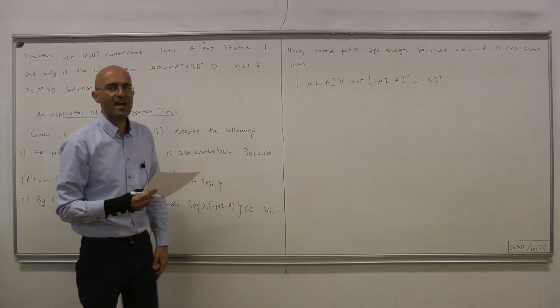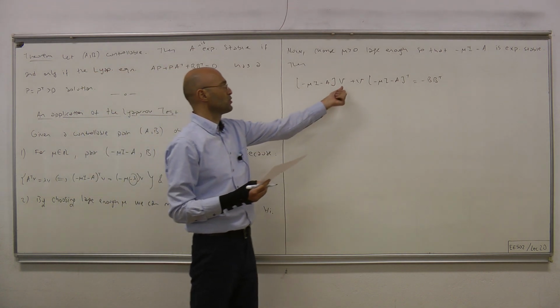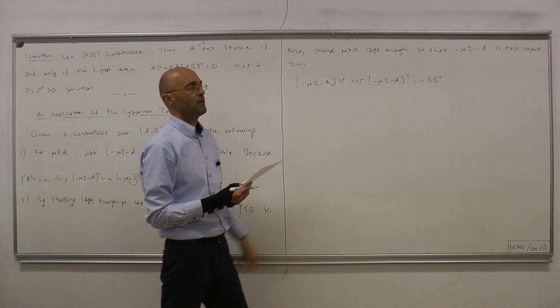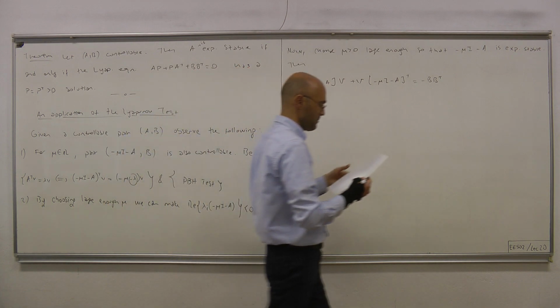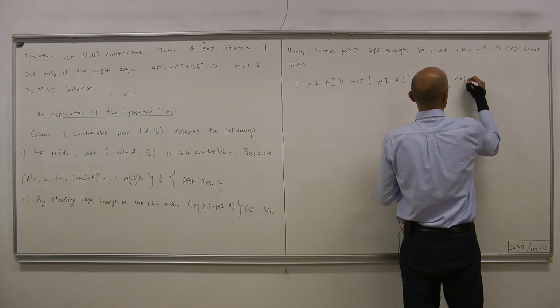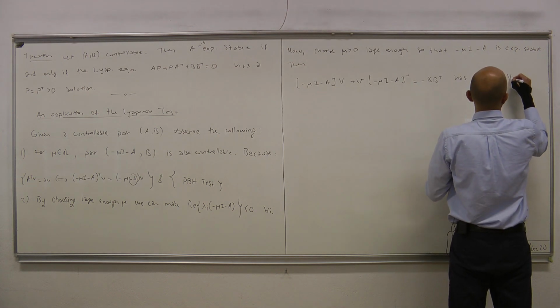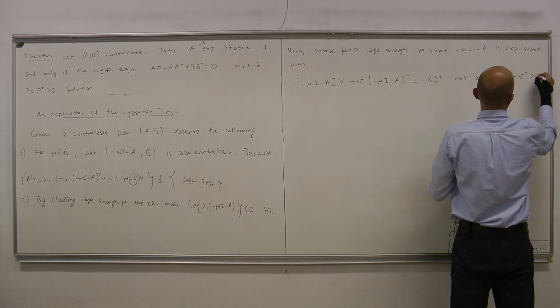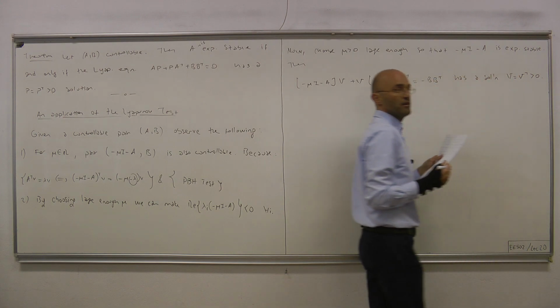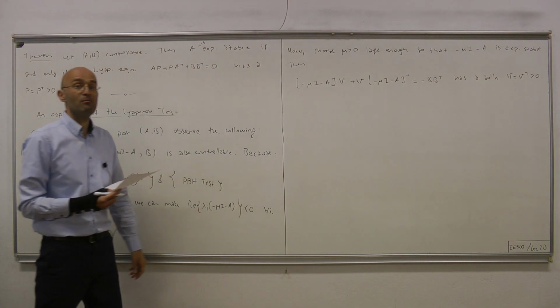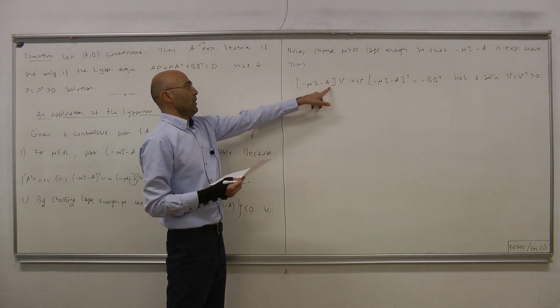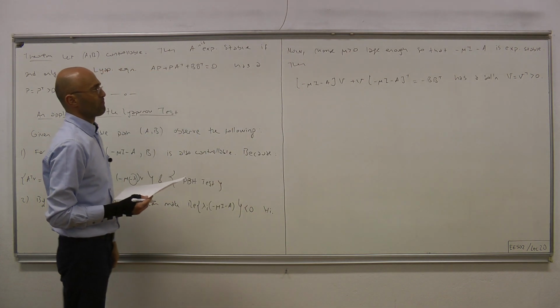So this equation has a solution V, symmetric and positive definite, from the Lyapunov theorem for controllability. V is an n by n matrix where n is the order of our system.